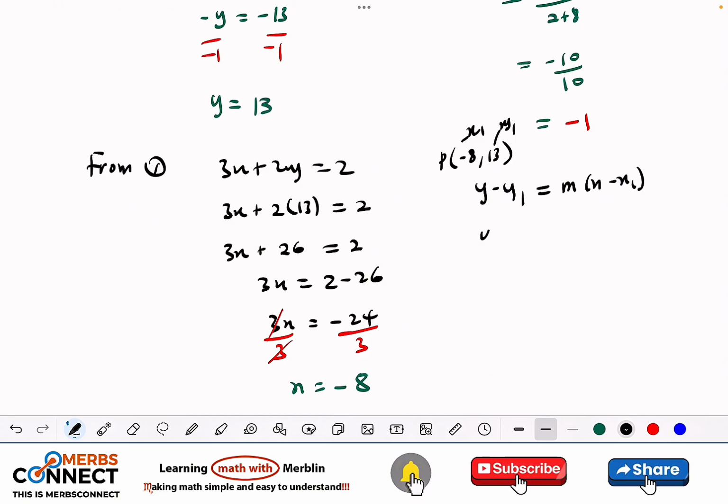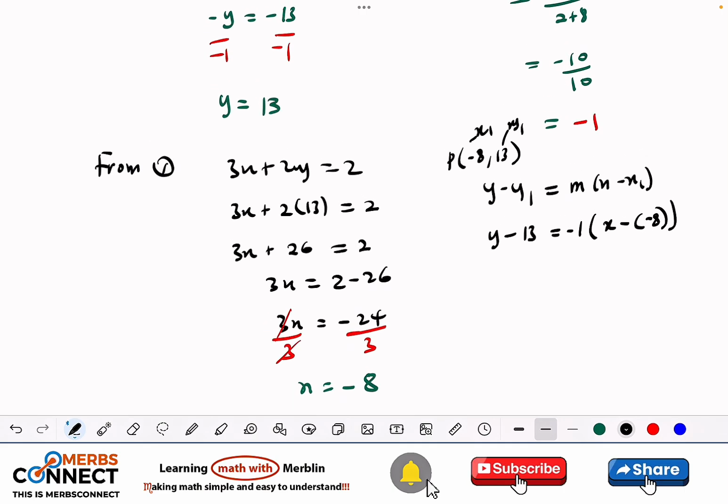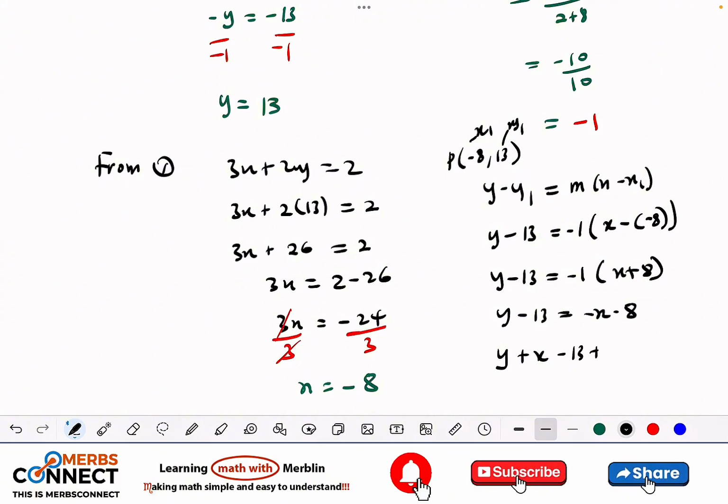So we are going to have y minus 13 is equal to minus 1 times x minus 8, so y minus 13 is equal to minus 1 times x plus 8. Multiplied through by minus 1, minus x minus 8, and we can just group them. So y, move the x, it becomes plus, move the minus 8, it becomes also plus.